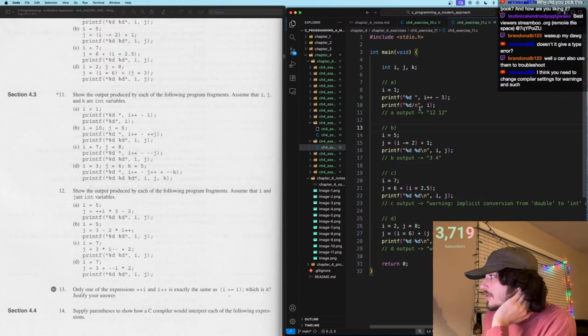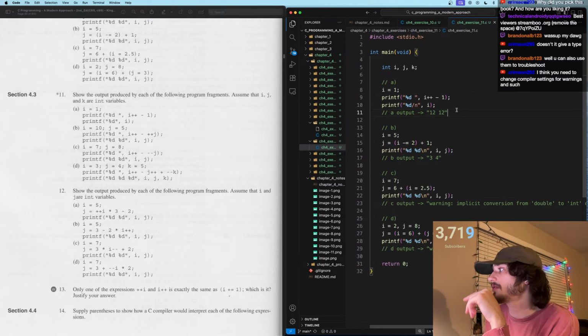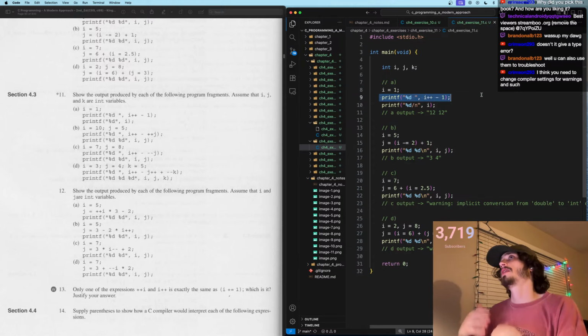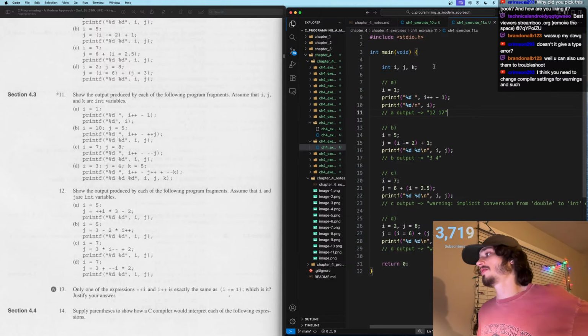Okay, so this one's going to print, so I plus plus, this is going to modify the value of I after this on our next stop marker or whatever, that's baked into the C internals. So this plus plus that happens afterwards, or postfix incrementation, will take place after this line happens.